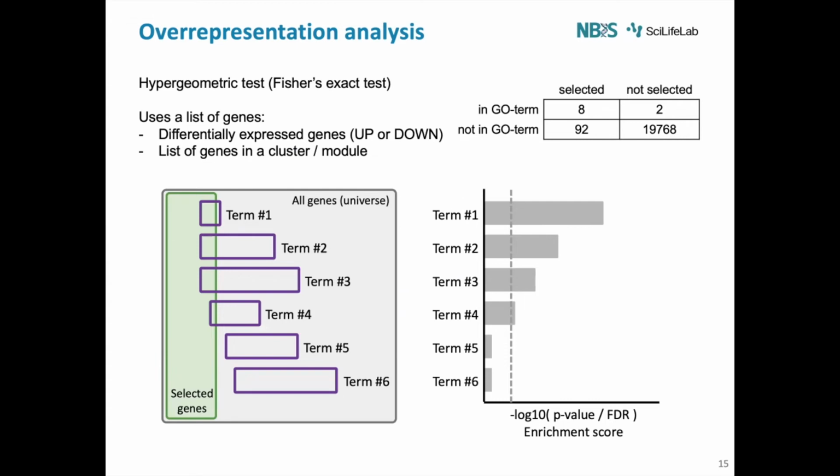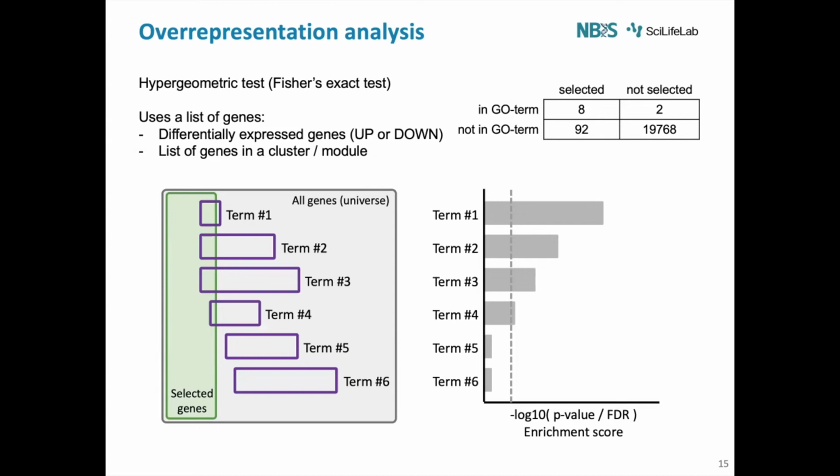Yeah, I also have a question. Why do you say that we can either use all up or all down regulated genes and not both in the same list? Because when we say we want to check all differentially expressed genes, why can't we do this? Yeah, because then you're mixing the trend of the genes.